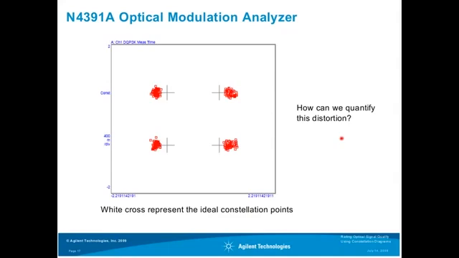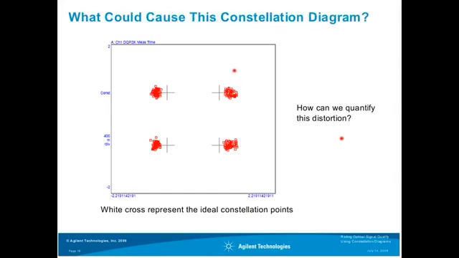hard facts. Here I have shown a constellation diagram with a distortion which has an amplitude distortion in the in-phase path. And you see here at these cross points, they represent always the ideal position of the constellation points.